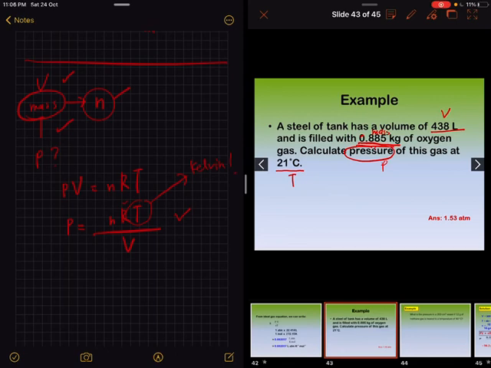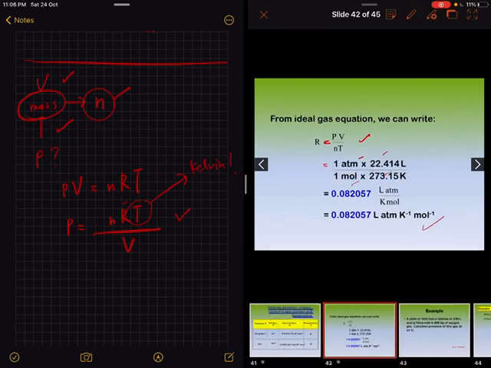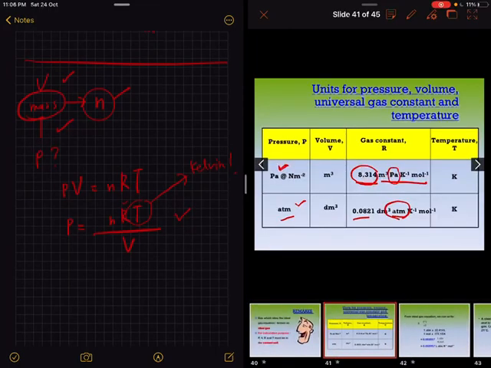And the volume of this gas is 438 liter. For the unit of volume, which unit do you use? Liter or ml? The answer is you must refer to the unit of the gas constant R. Our R unit was dm cube, which is liter. So this volume must be in liter.